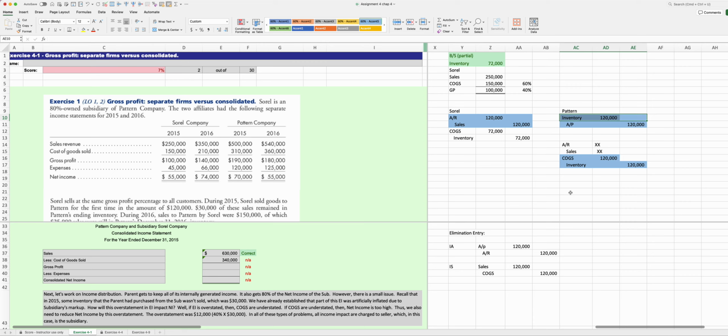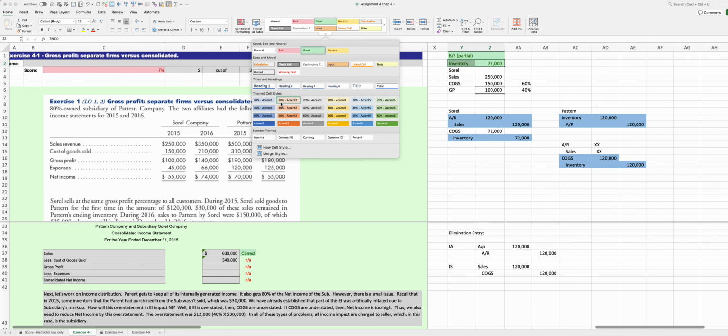And so at this point, then what remains? Well, please remember that this inventory that is being credited was this inventory that was on Sorrell's book to begin with. So this one is also out of here, right? And so this inventory is also out of there.